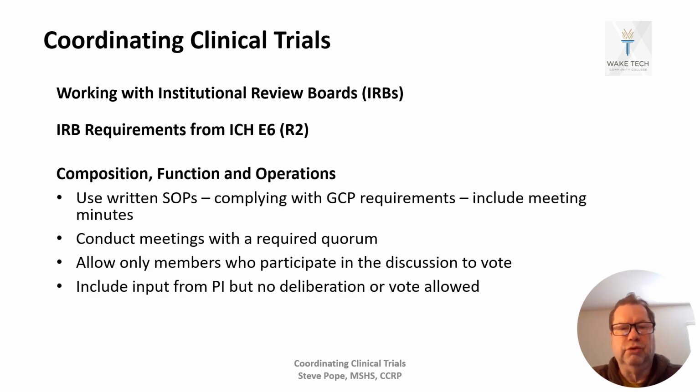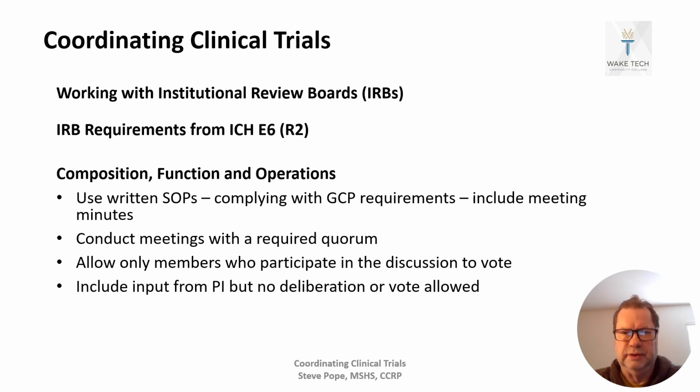IRBs have to use written standard operating procedures, or SOPs. They have to have written SOPs that discuss how they conduct meetings and how they go about their business, and these have to comply with GCP requirements. This also includes keeping meeting minutes. So everything the IRB does has to be documented.